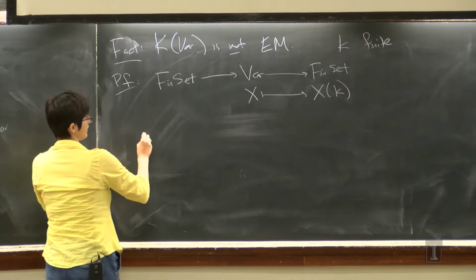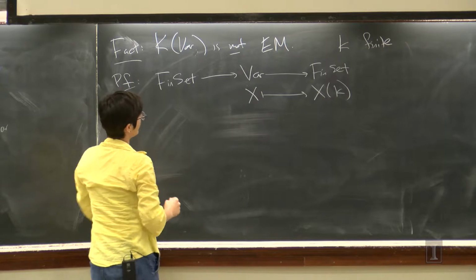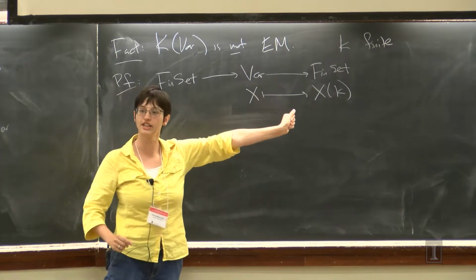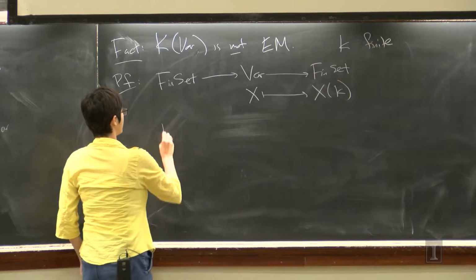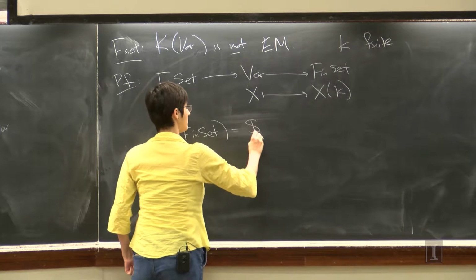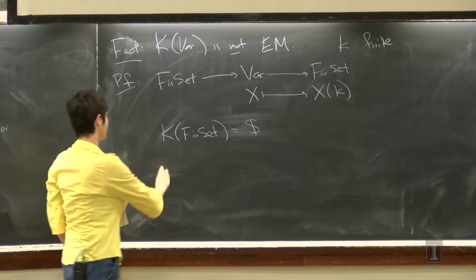So finite sets is an example in this family, and we can apply K-theory here. The K-theory of finite sets is actually the sphere spectrum. So we have a copy of the sphere spectrum that splits off of the K-theory of varieties.